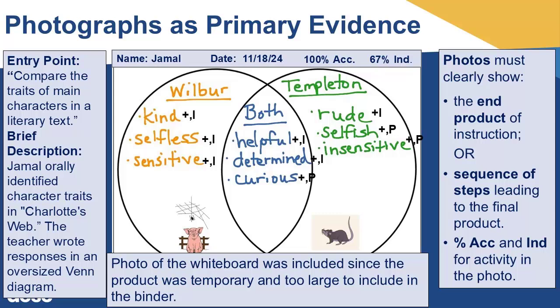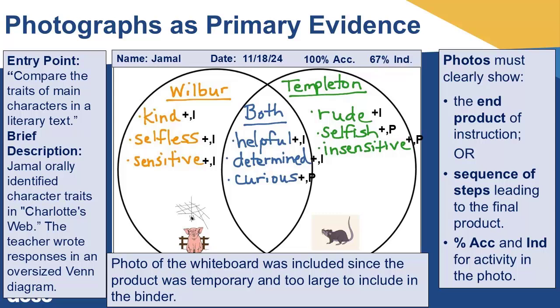All the information is here: the student's name, the date that it was produced, accuracy, and independence. Now, this teacher even went in and did the prompting levels, what was independent and what was accurate. That's always helpful.